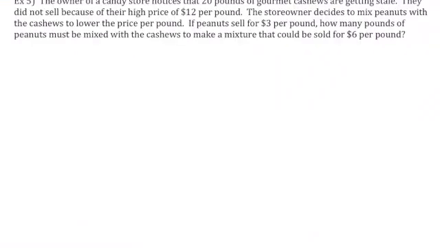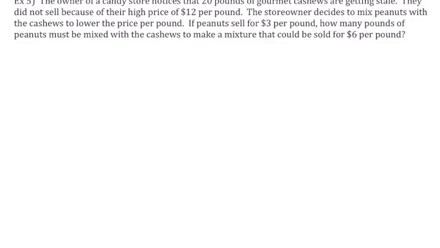Number 5 is also still a mixture problem, but it does not involve liquid. It's actually what I talked about, a trail mix problem more or less. Okay, so let's read that. The owner of a candy store noticed that 20 pounds of gourmet cashews are getting stale. They did not sell because of their high price of $12 per pound.